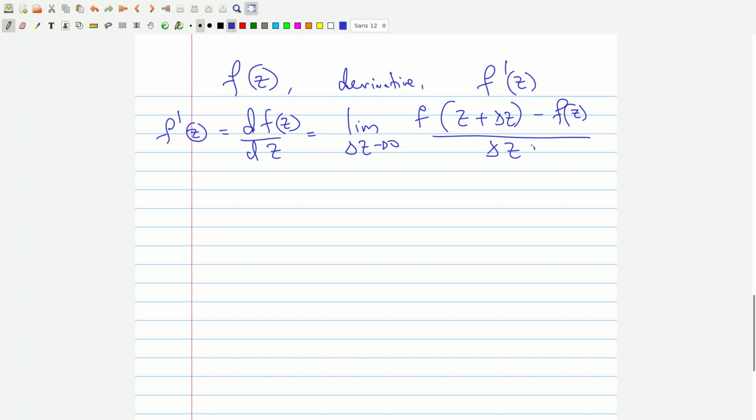So if this limit actually exists, then the derivative is there.